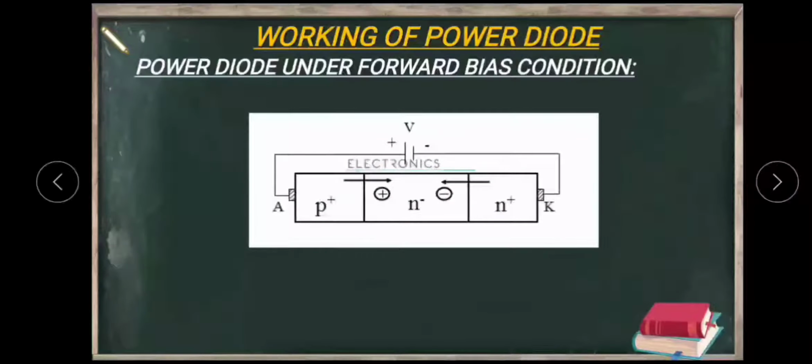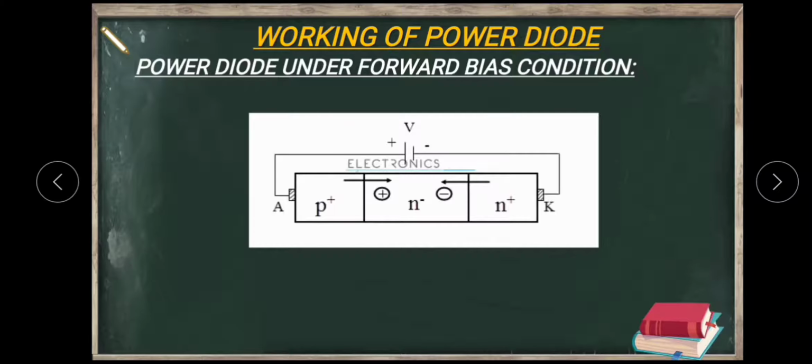The process of injecting holes and electrons into the drift region we call double injection. Due to double injection, the resistance of the drift region decreases. As a result, the conduction of the power diode increases. This phenomenon we call conductivity modulation.